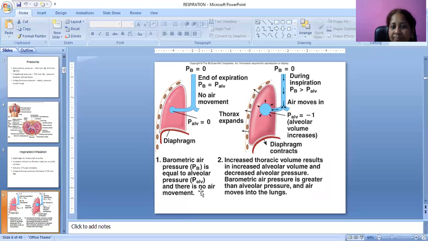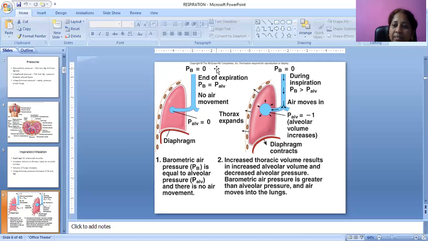In this diagram, we can see PB is barometric air pressure, then PA is alveolar pressure.